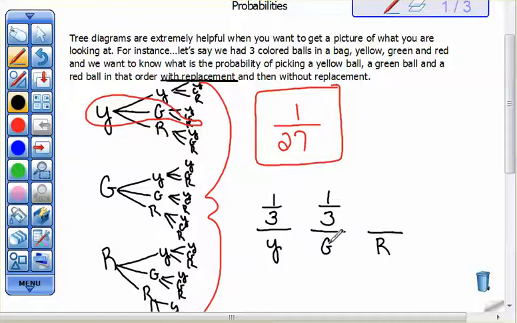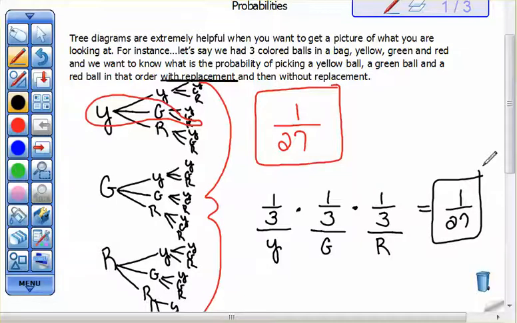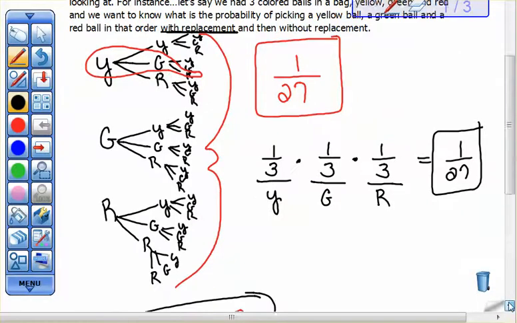Now, if I put that ball back in the bag and I want to pull out the red one, there would be 1 out of 3 possibilities. We can multiply these individual events together to get 1 out of 27, which is actually a much easier way of figuring the probability rather than trying to draw out the tree diagram.